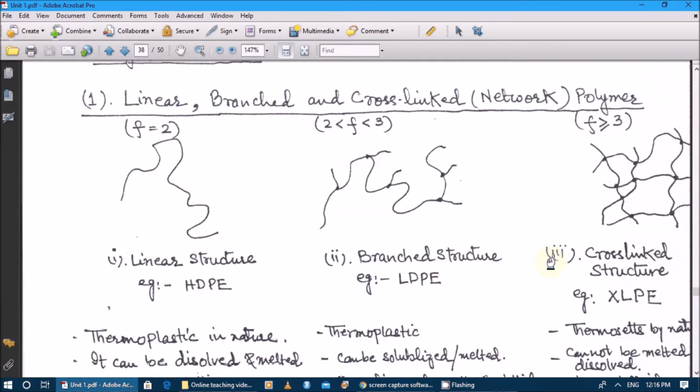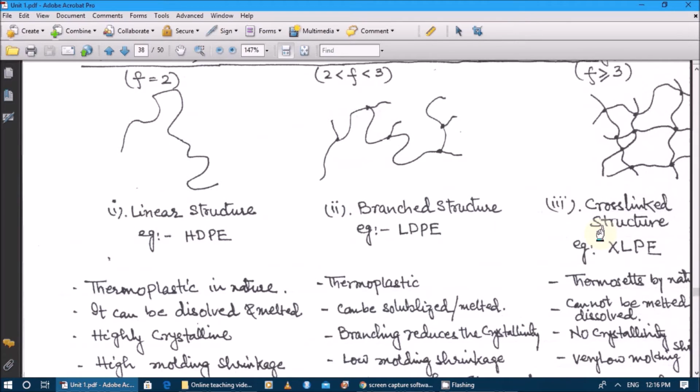And if we expose the polyethylene to gamma rays or use some peroxide to artificially create high functionality of the monomer, then it is going to give us the cross-link polyethylene, which is represented as XLPE.